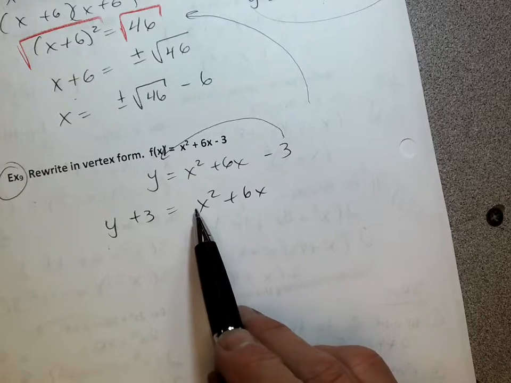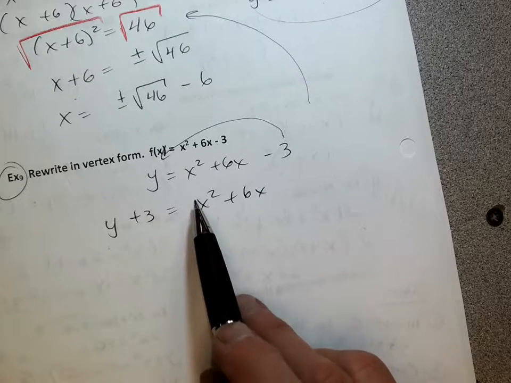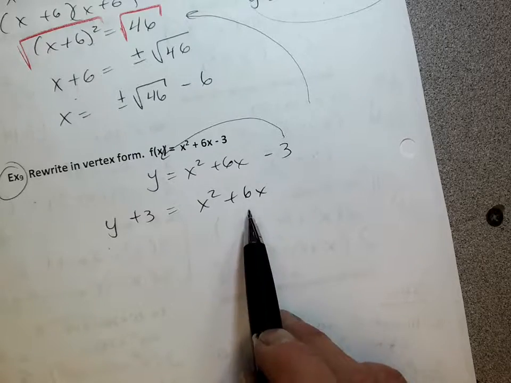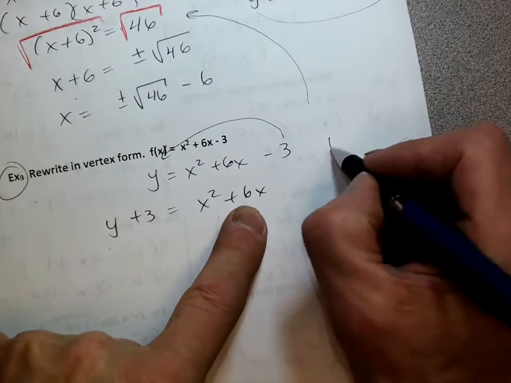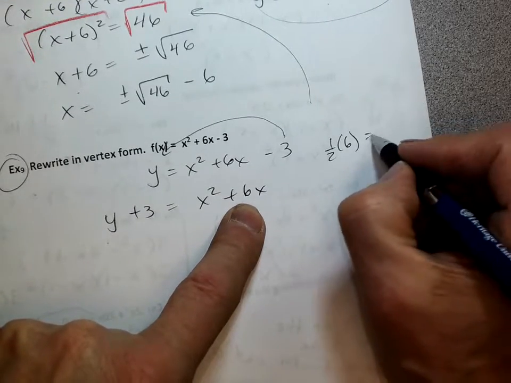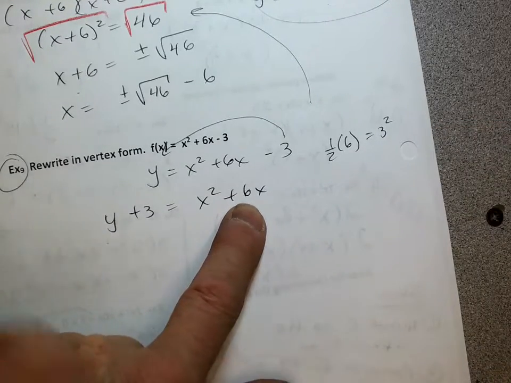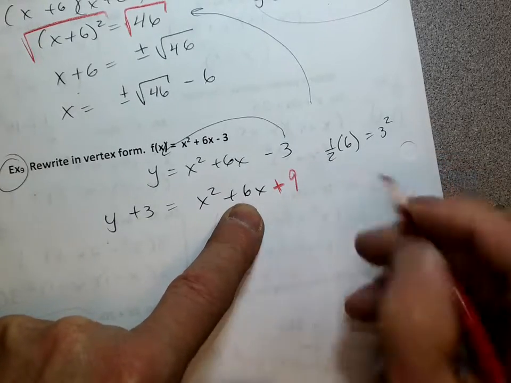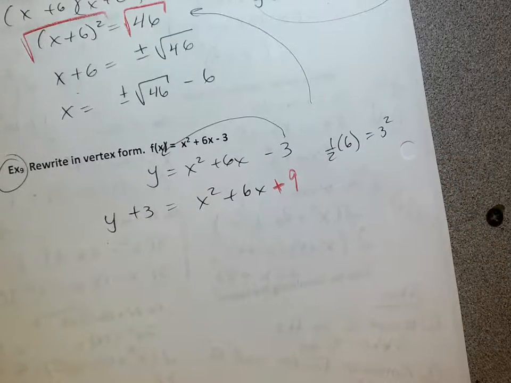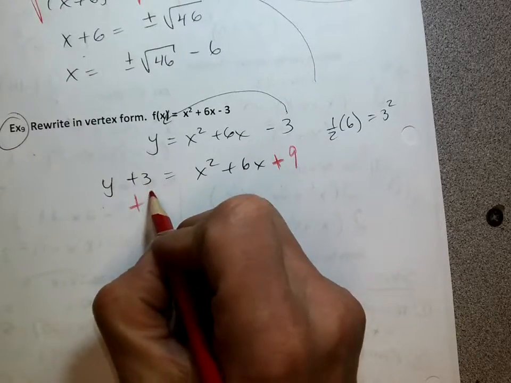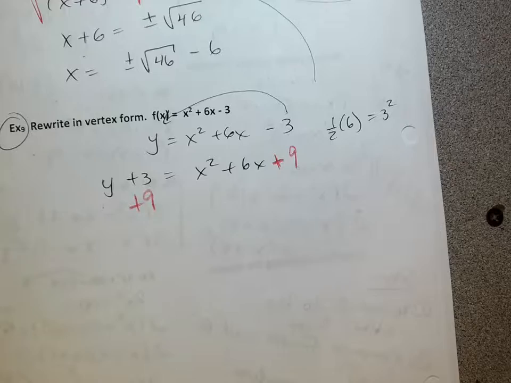Common factor out the a, but there is no a term, so we can skip that one. Okay, next step. Half of this. What's half of 6? 3 squared is 9, so let's add 9 so it will factor. We add 9, and then to keep it balanced, I'm going to add 9 here. How am I doing?